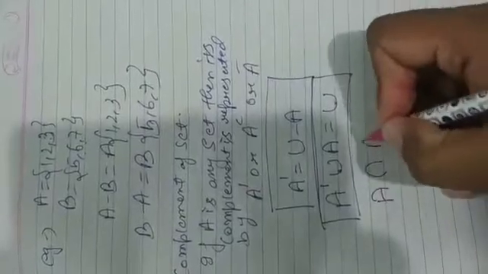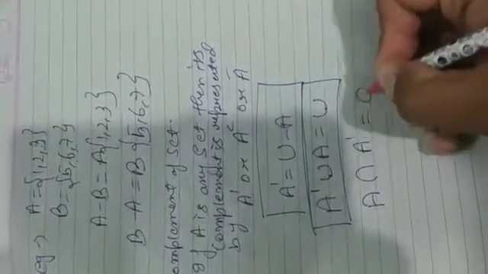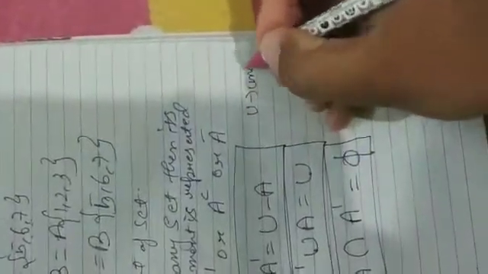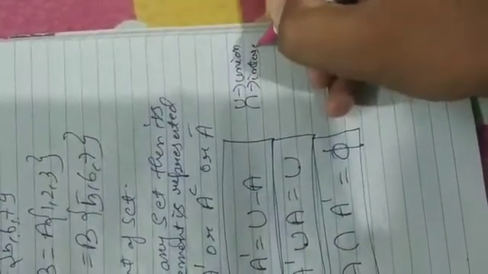So A dash, meaning A complement, union A is equal to U, and if we use A intersection A dash, it will give us phi. Write down these terms: this U is called union and this opposite U is called intersection. We will discuss later what union and intersection are.